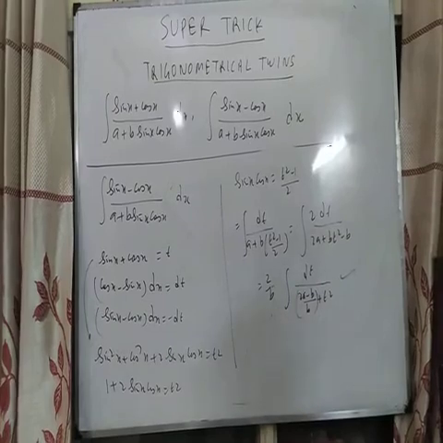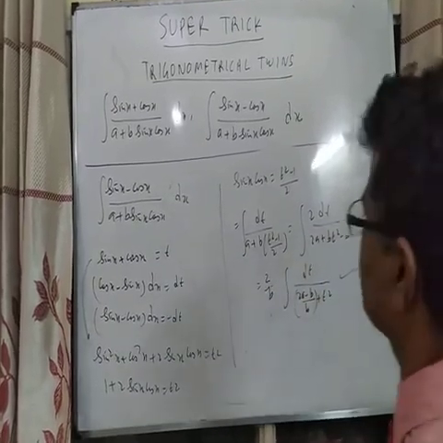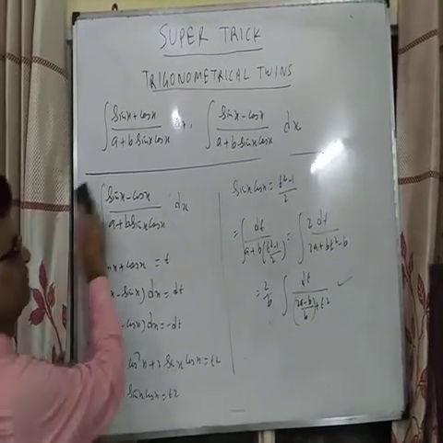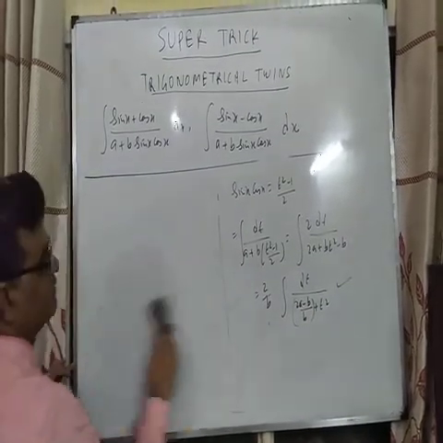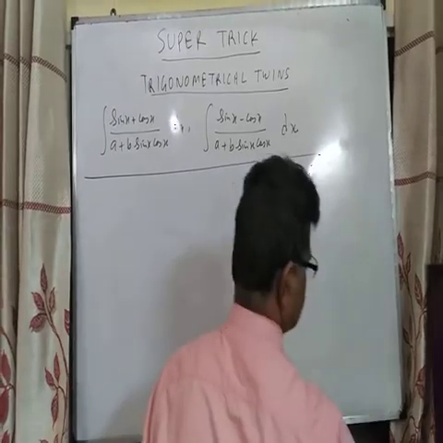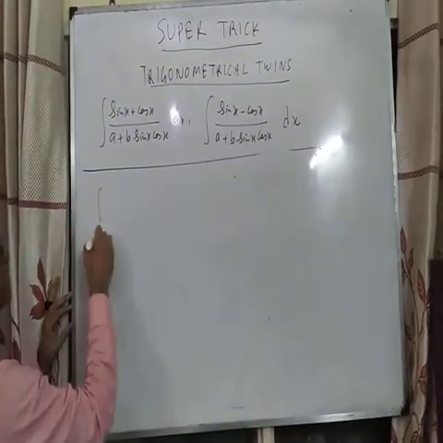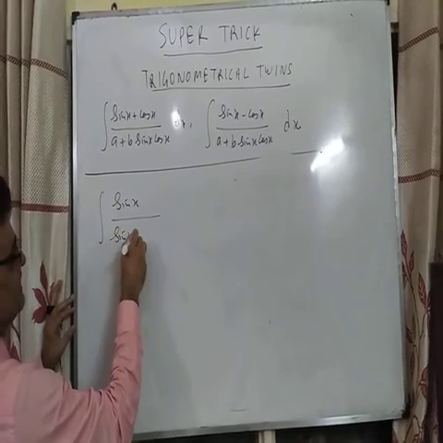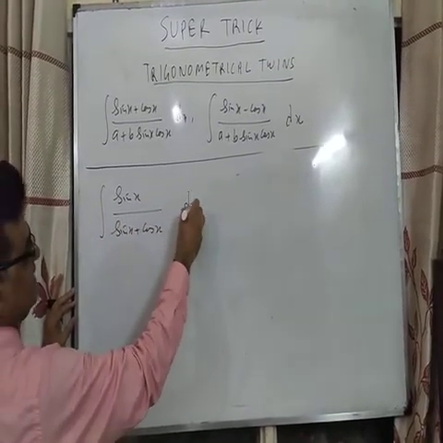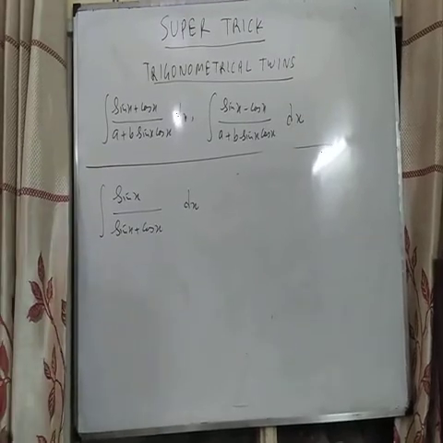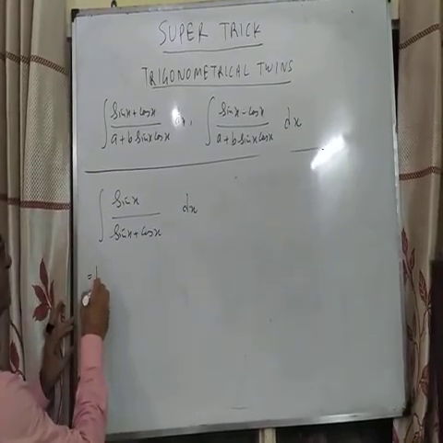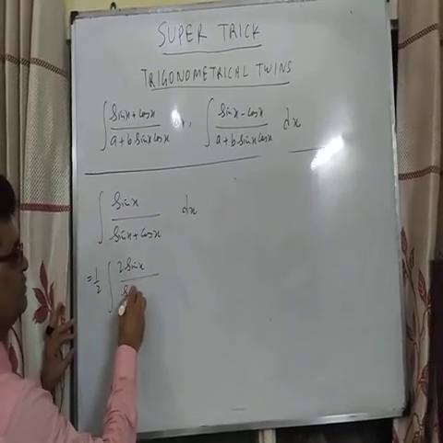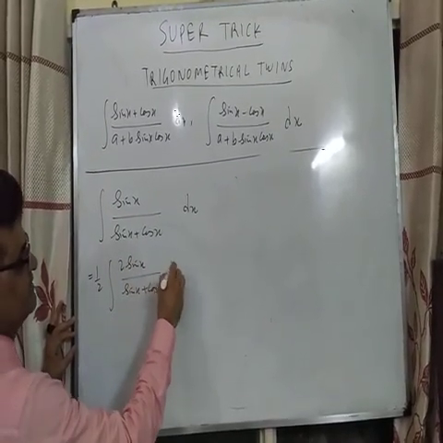So we are moving directly now to questions based on these trigonometrical twins. Say, the integral of sin x upon sin x plus cos x dx. How to solve this question? For solving this question, we are multiplying it by 2: 2 sin x upon sin x plus cos x dx.